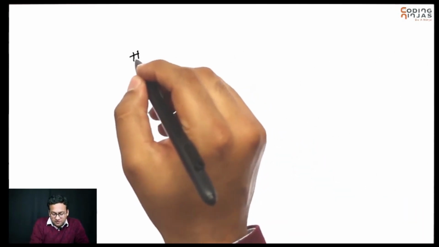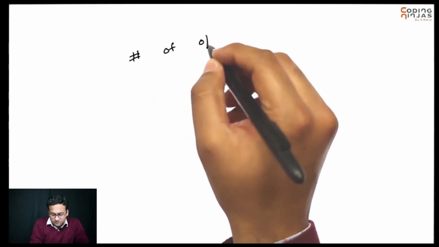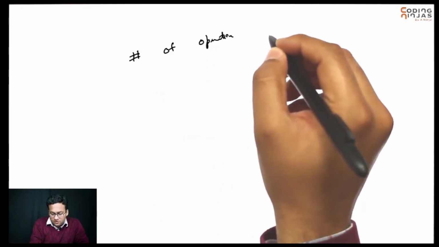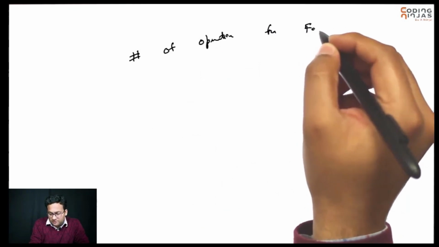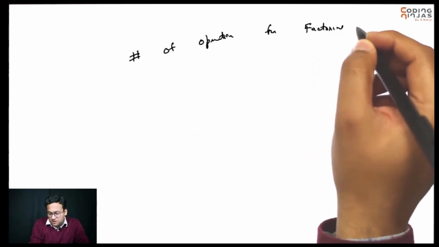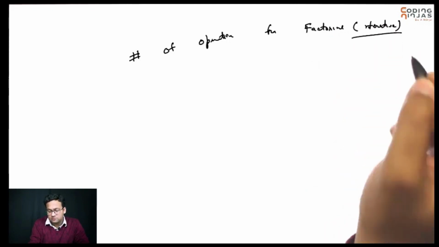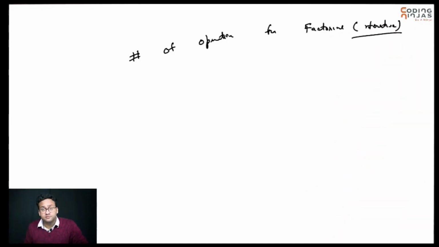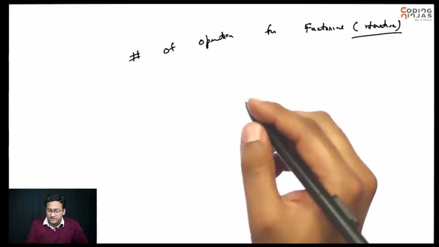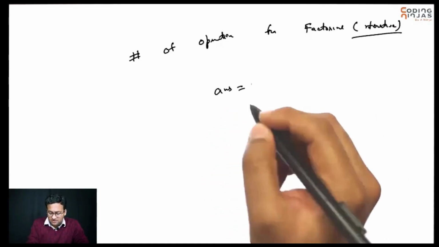So let's do one thing. Let's find the number of operations for finding factorial. This is the iterative factorial, right? So how does iterative factorial look like? It looks something like this.